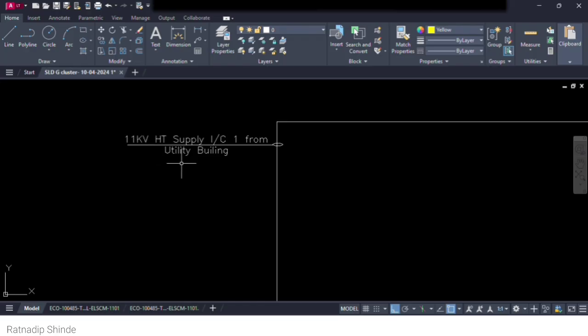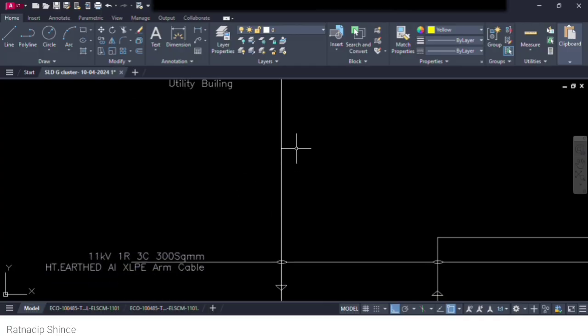Now you can see this is 11 kV HT supply coming from the source. HT supply is a voltage equal to 11 kilovolts or greater, and above that, like 33 kV or 66 kV, it comes under EHT, extra high tension supply.